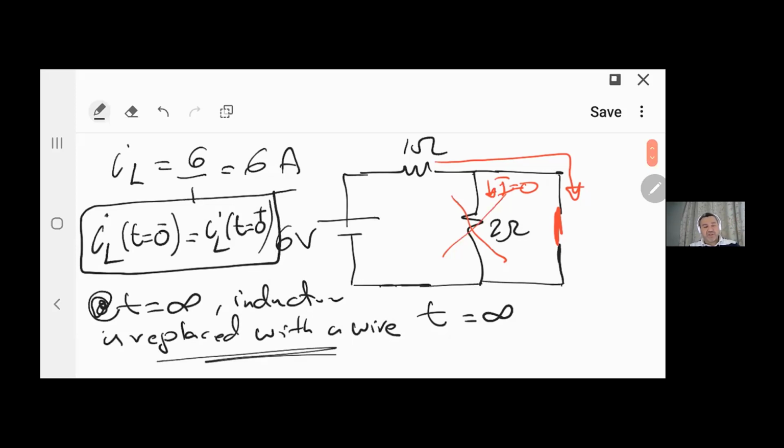Why? Because in DC at infinity you already reached the steady state and there is no variation in the current, which means the voltage across the inductor will be 0, which means a component that has a voltage across it equal to 0 is basically the definition of an ideal wire.